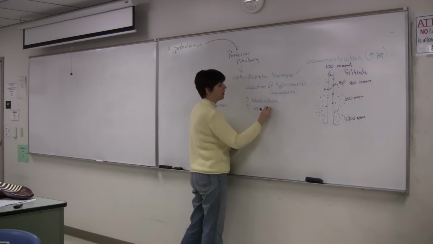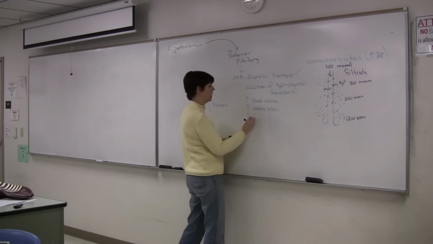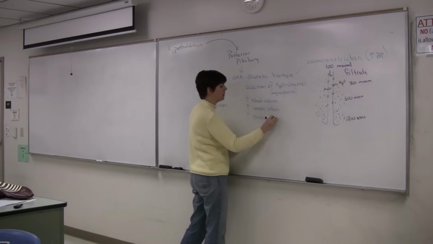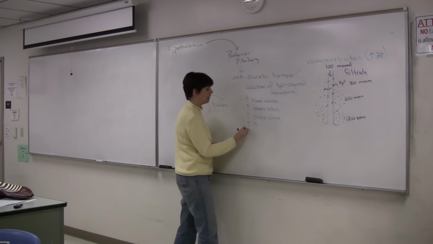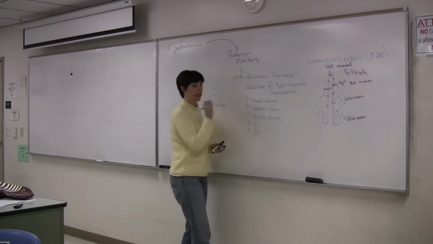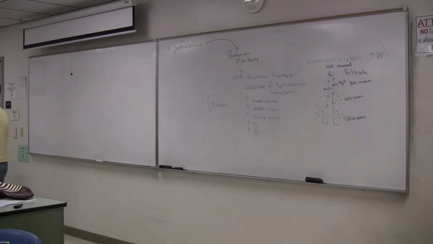And when we increase venous return, what happens to stroke volume? It increases. And when we increase stroke volume, what happens to cardiac output? And when we increase cardiac output, what happens to blood pressure? It increases.